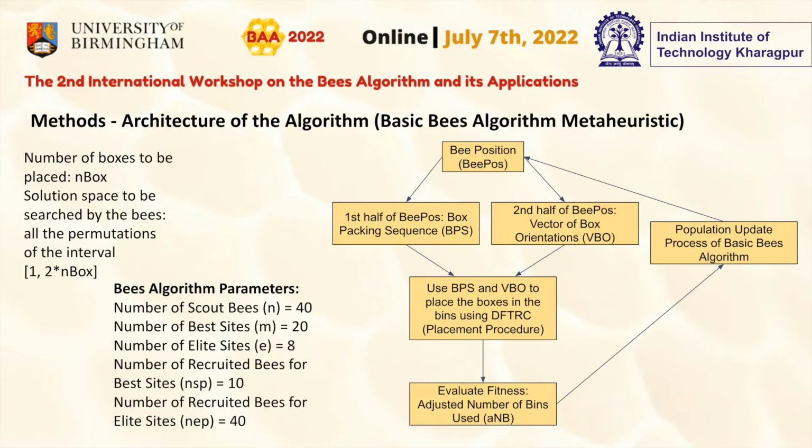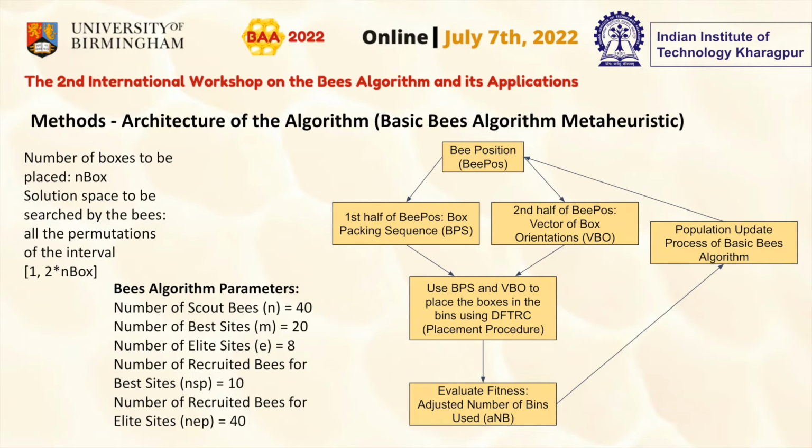the Bees algorithm. So first we encode the box packing sequence, that is the permutation of the n boxes that we have to pack, into the first half of the B position, and into the second half of the B position we encode the vector of box orientations. Once we have BPS and VBO, we place the boxes in the bins using the DFT-RC placement procedure, which I'll explain later.